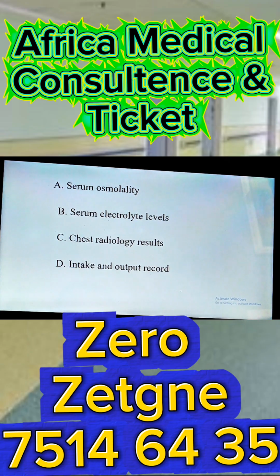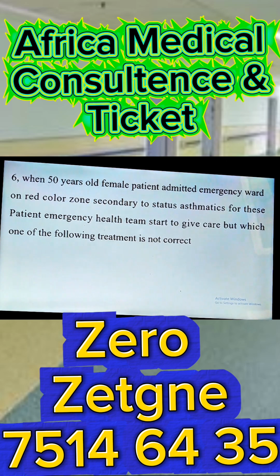A. Serum osmolarity. B. Serum electrolyte. C. Chest radiography result. D. Intake and output record. So the correct answer for question number 5 is chest radiography result.